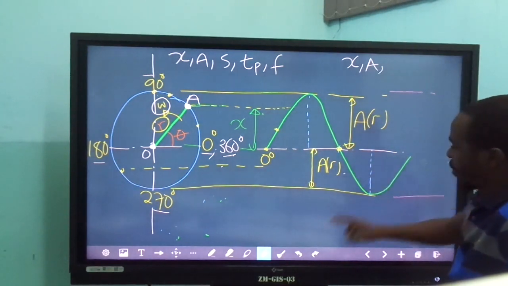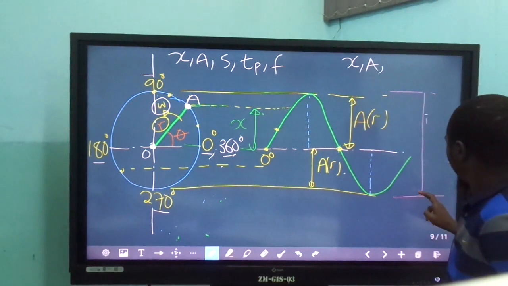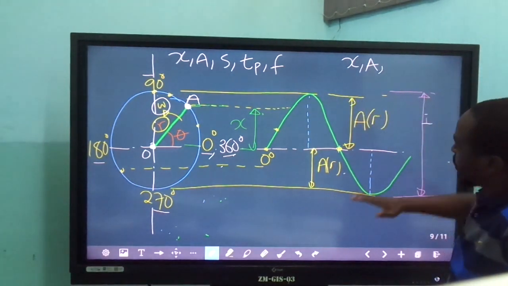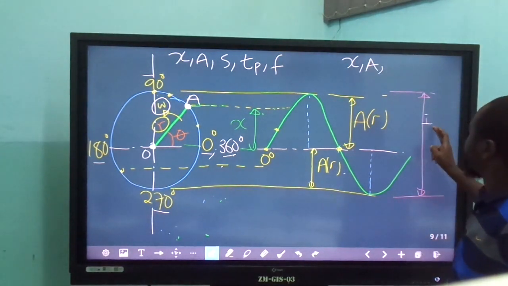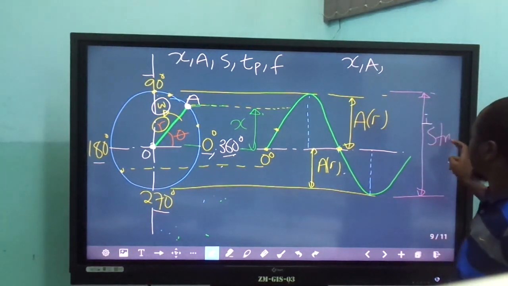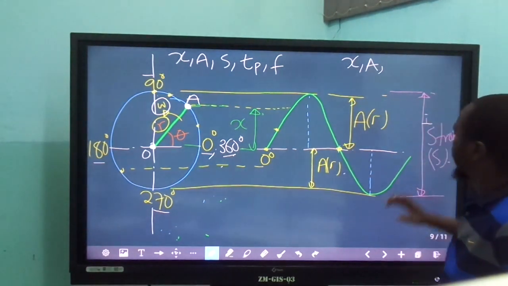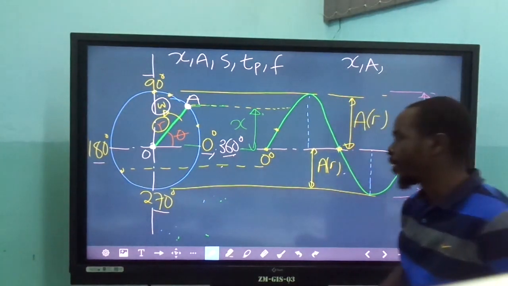So from that maximum point to that maximum point, this total displacement is equal to the stroke, represented by S. Now therefore, the stroke is equal to the summation of this amplitude and this amplitude.